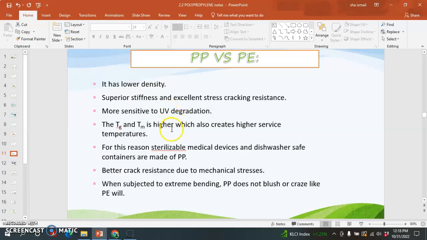The Tg and Tm are higher, which also creates higher surface temperature. And for this reason, sterilizable medical devices and dishwasher safe containers are made of PP. Better crack resistance due to mechanical stresses. When subjected to extreme bending, PP does not blush or craze like PE will.